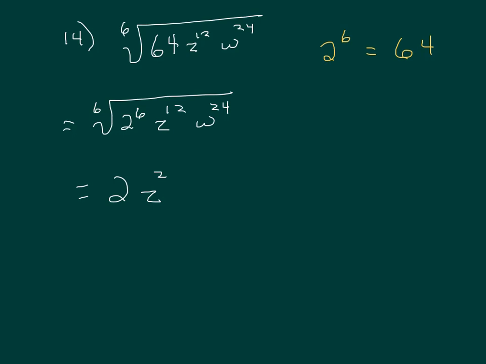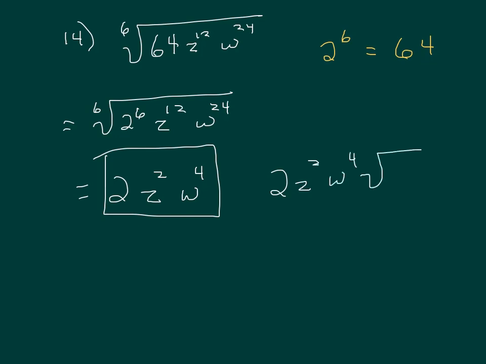So we can pull out that w to the fourth. And now there's nothing left under the radical. So that's our answer. And your answer was 2z squared w to the fourth square root of zw.